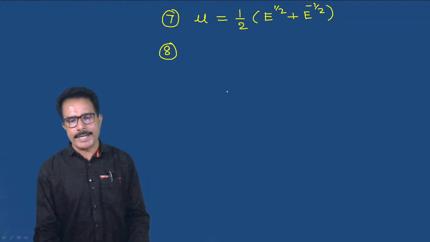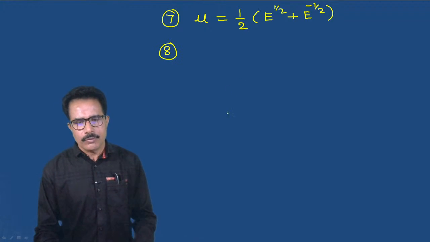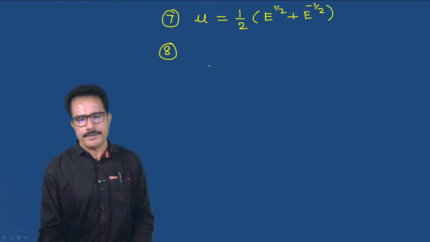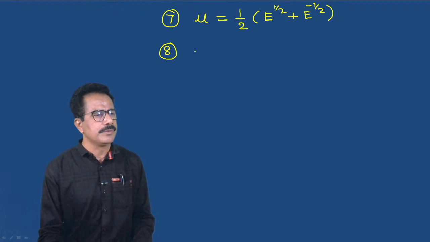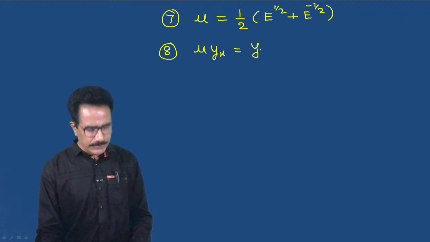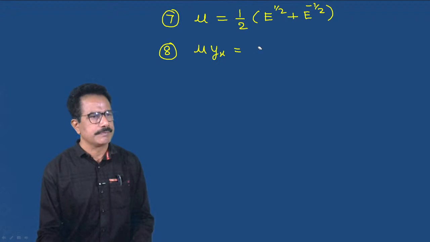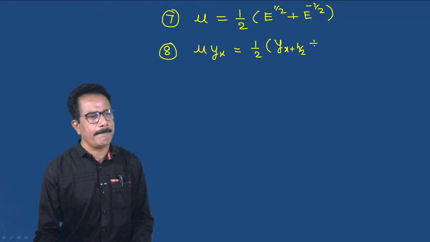So note number 8, we have already proved mu of yx equals to 1 by 2 y of x plus h by 2 plus y of x minus h by 2.